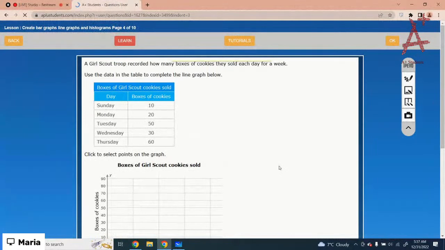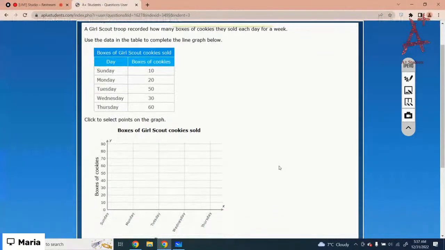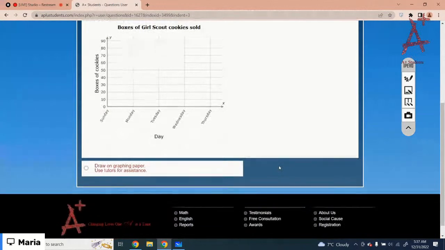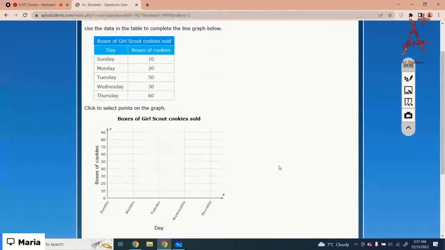Okay. Girl Scout troops recorded how many boxes of cookies they sold each day for a week. Use the data in the table to complete the line graph below. So you have to draw the line graph. So on Sunday, it would be 10.